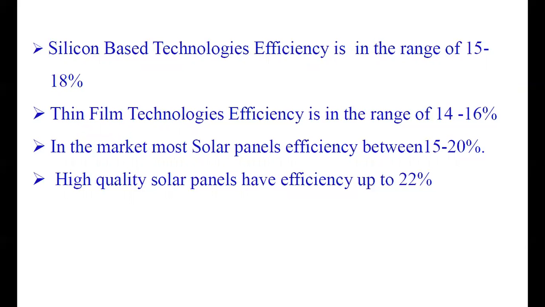Solar panels from different manufacturers are available in the market. Most of the solar panels available in the market have an efficiency in the range of 15 to 20%. Some high quality solar panels are available which have a maximum efficiency of 22%.